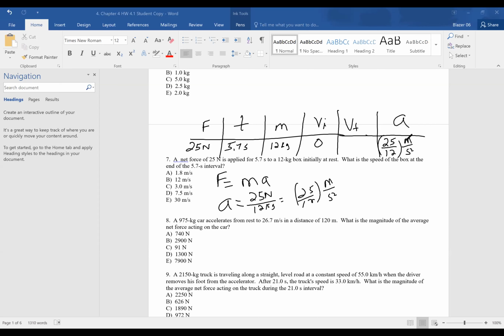Now, because I have already learned my kinematic equations, I know that acceleration is change in speed over time. Change is V final minus V initial, but V initial is 0, so it's just V final over time. So now V final is my unknown, but I know what a is.